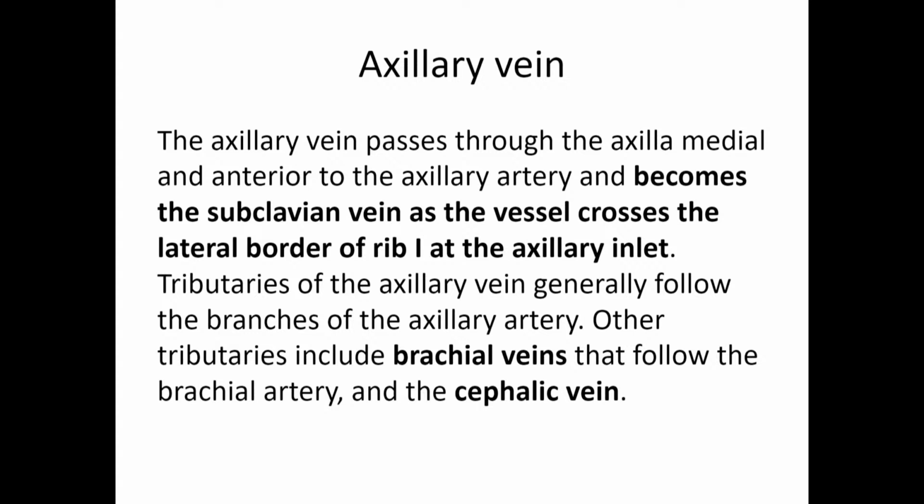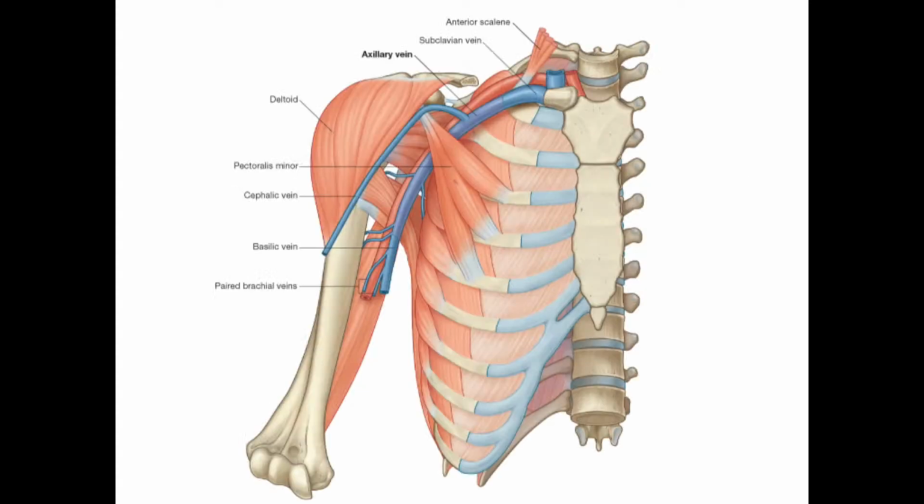So tributaries of the axillary vein generally follow the branches of the axillary artery, and other tributaries include the brachial veins, which follow the brachial artery, and the cephalic vein. To see this photo here, we are having paired brachial veins.